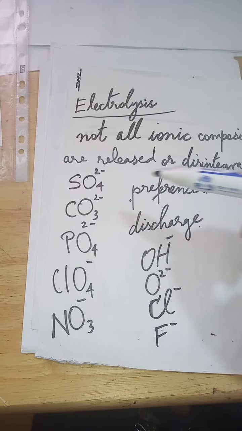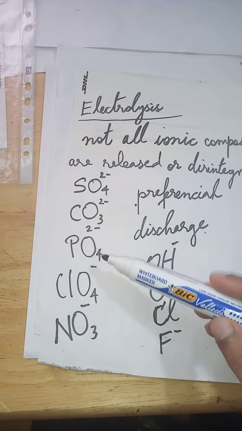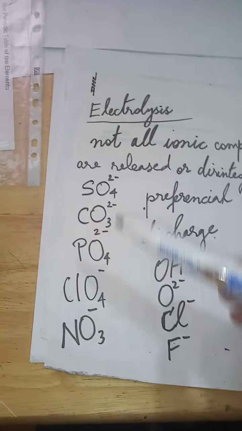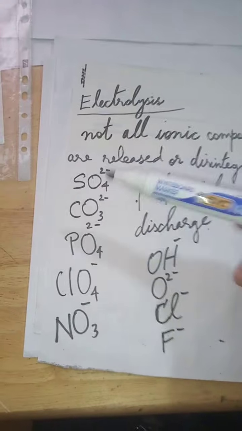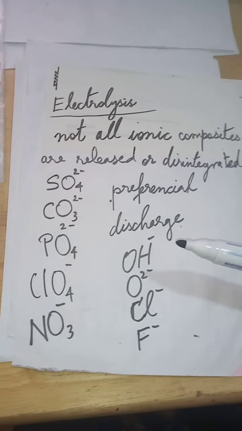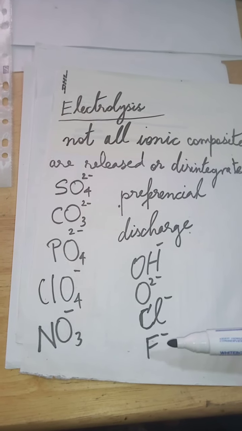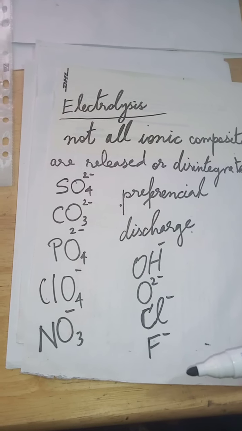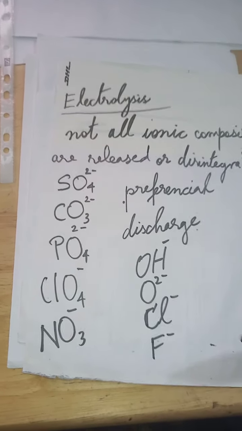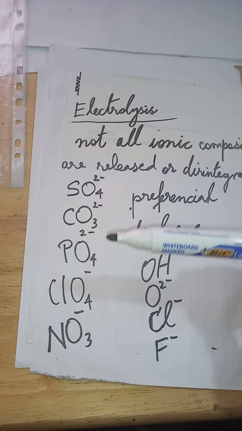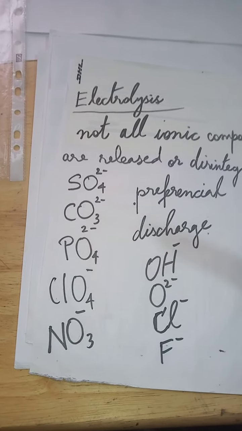So in electrolysis, these sulfate, carbonate, phosphate, chlorate, nitrate, and other tough complexes like these will not be released, whereas soft complexes such as hydroxyl, oxygen, chloride, chlorine, fluorine, bromine, iodine will be released, but nitrates, chlorates, phosphates, carbonates, and sulfates will not release themselves.